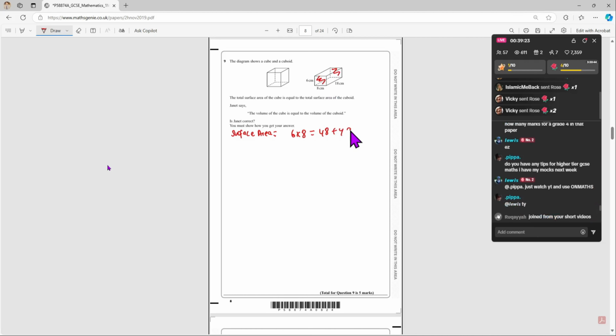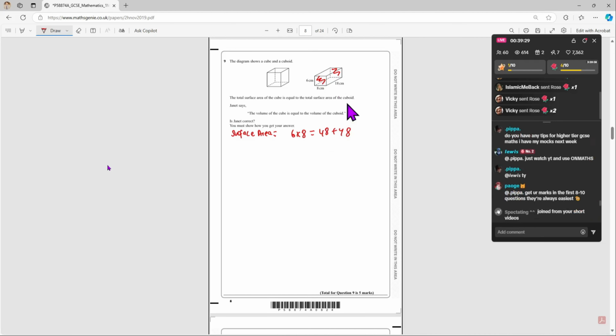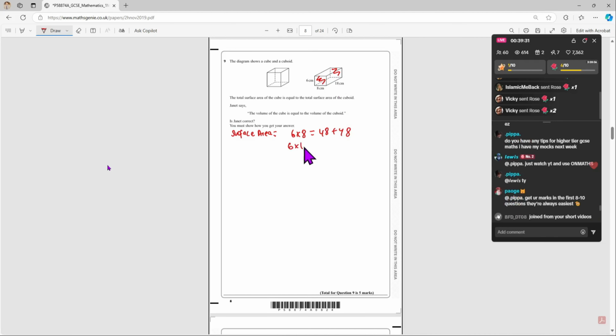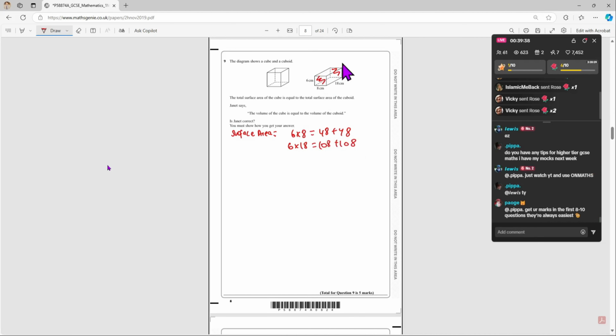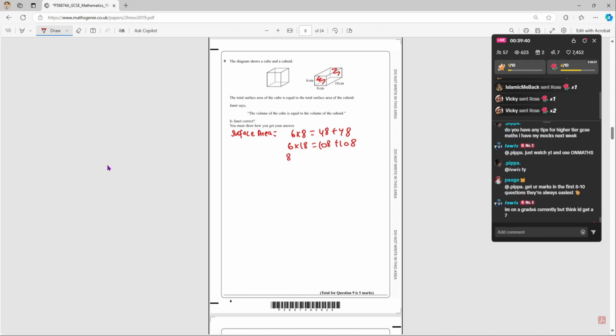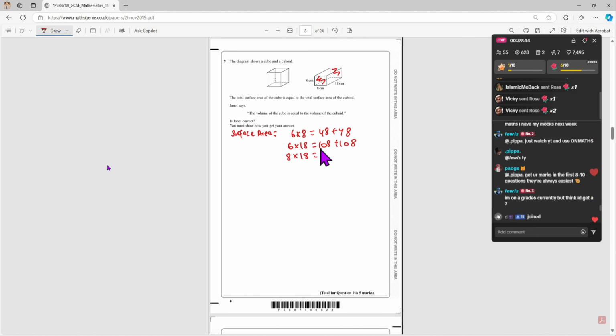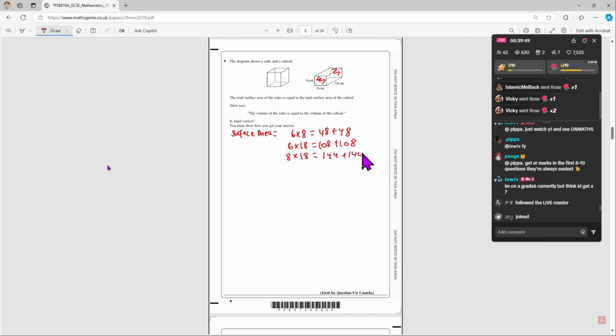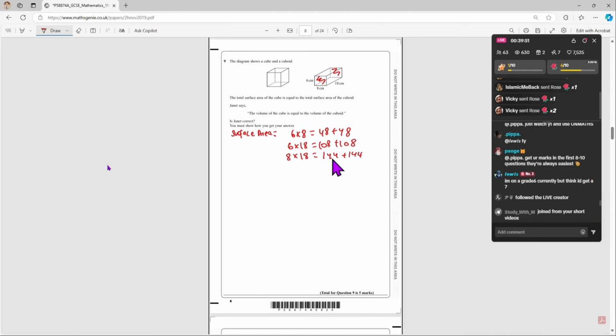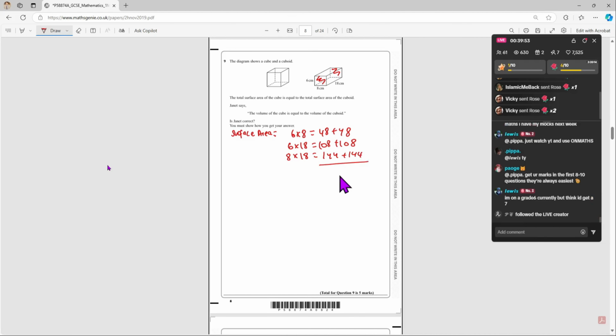And there's the side over here, 6 times 18, which gives us 108, plus 108, because there are two, back and front. Then we do 8 times 18 to get the top and the bottom, which gives us 144 plus 144. When you add them all up, you would get 600 centimeters squared.